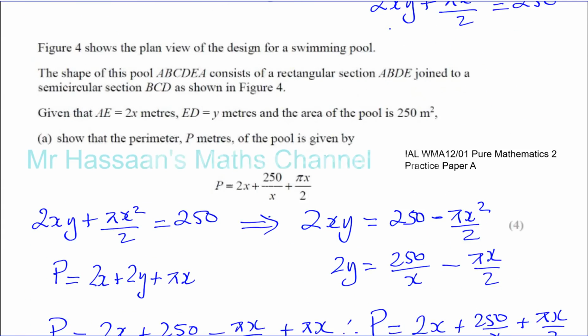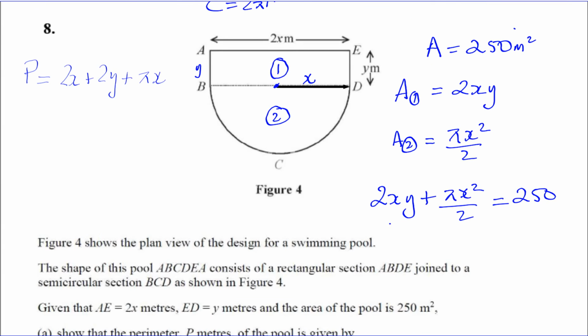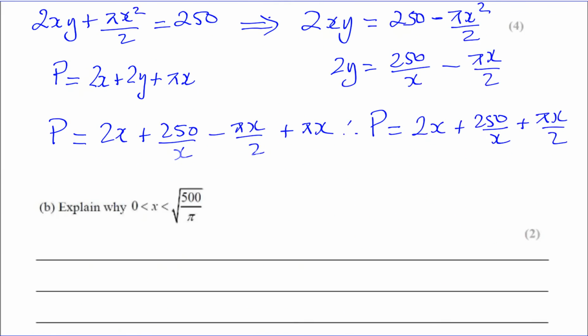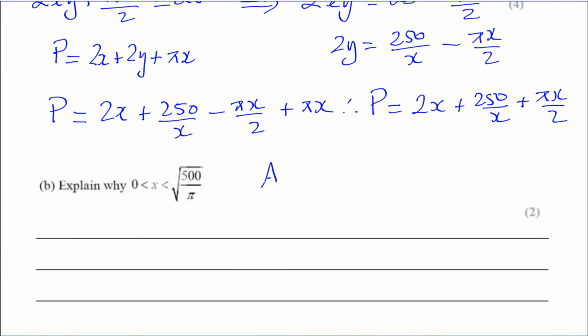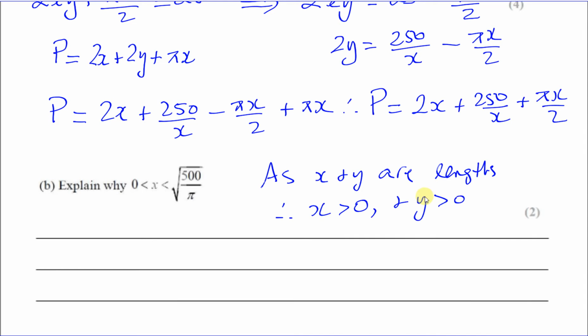So we can say as x and y are lengths, therefore x must be greater than 0 and y must be greater than 0. So this part is justified now, why x is greater than 0.